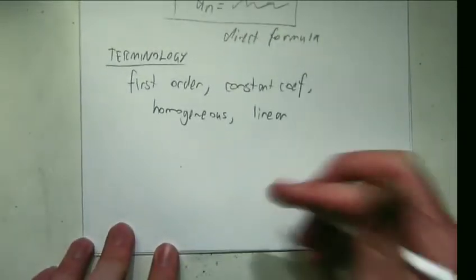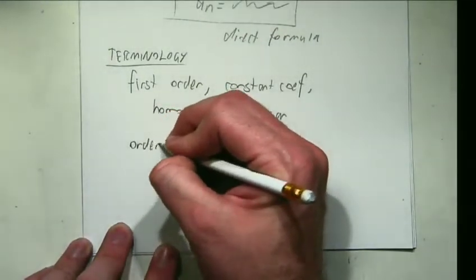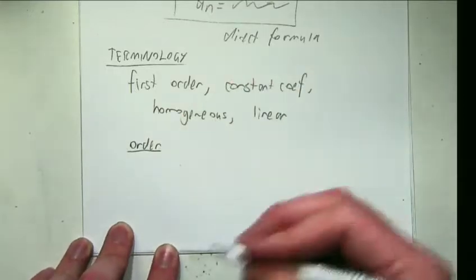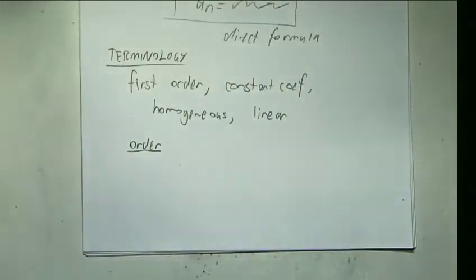So the order, while we're at it, the order is how far apart the biggest term, furthest term, and the earliest term are.